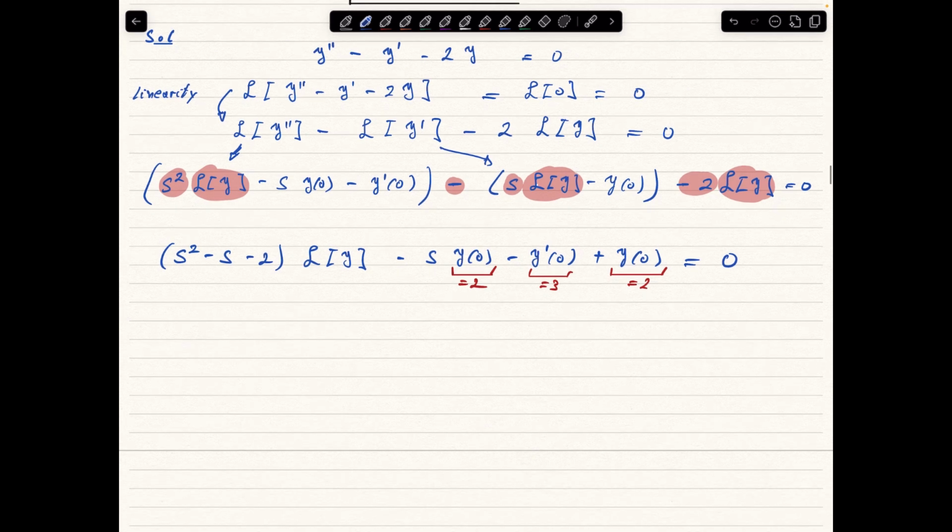So we end up with the following algebraic equation for the Laplace transform: s squared minus s minus 2 times the Laplace transform of y, then minus 2s minus 3 plus 2 equals 0. Well, here we have the algebraic equation that we said we are going to get.